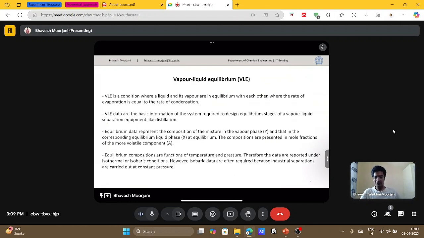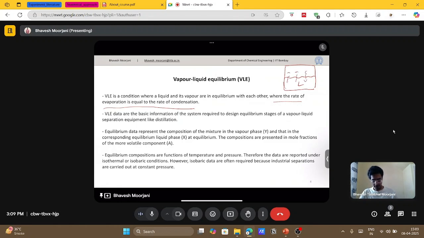So what is this vapor liquid equilibrium? VLE is a condition where a liquid and a vapor are in equilibrium with each other, where the rate of evaporation is equal to the rate of condensation. If I consider a liquid at room temperature, so this is our liquid, there will be some transfer of molecules of this liquid phase to the vapor.